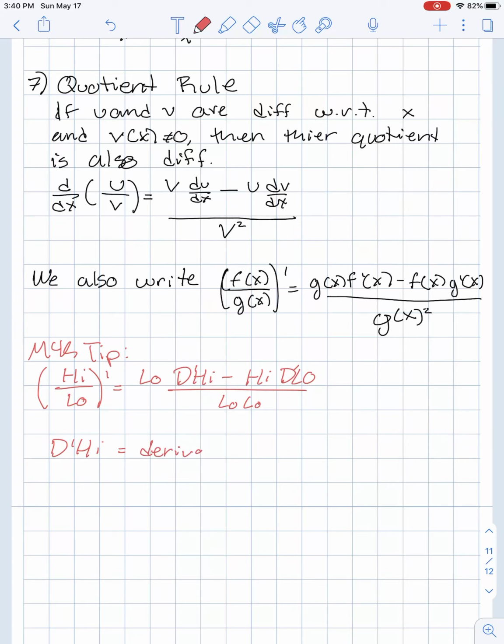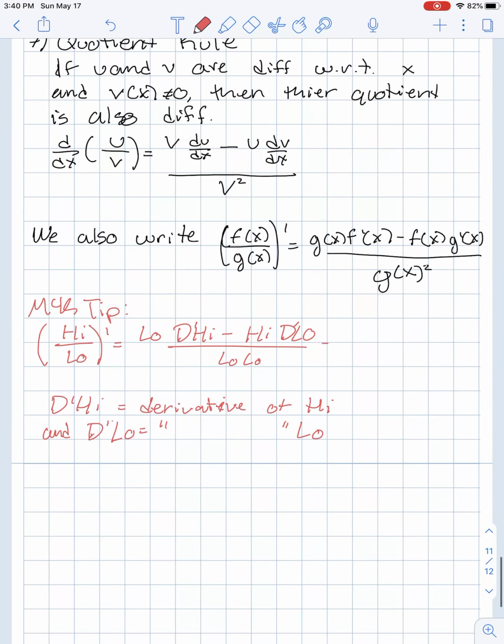D high, if it wasn't obvious, is the derivative of high, and d low is the same for low. You can also write it low d high minus high d low, over low squared.